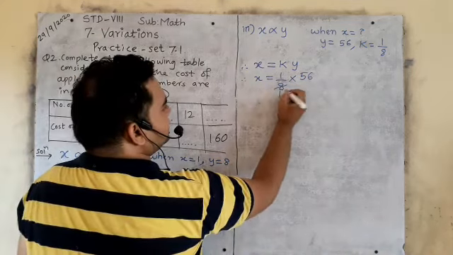Now we will see the fourth one, fourth column. X value is given, 12, and Y value we have to find, right? So we will write the same.